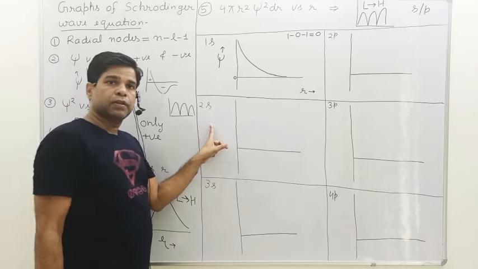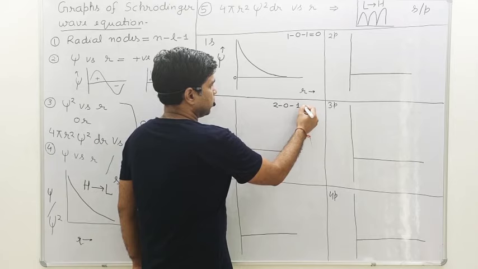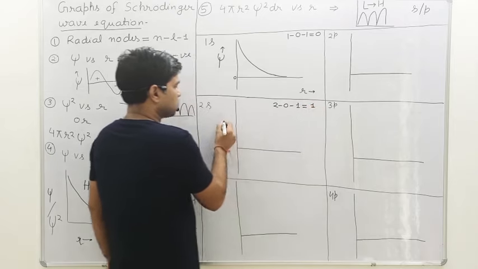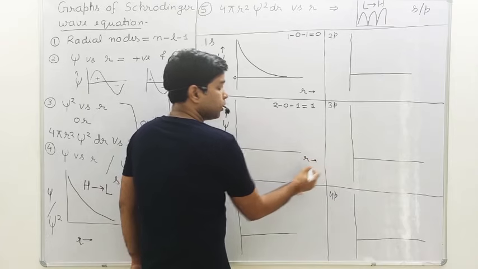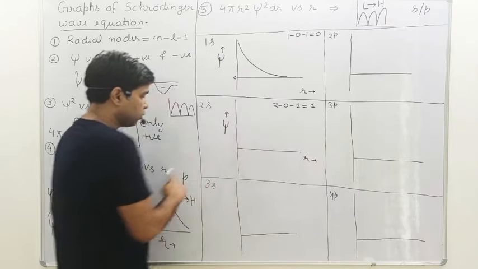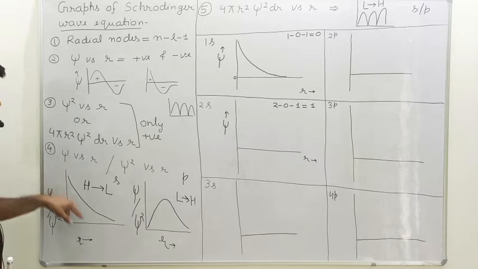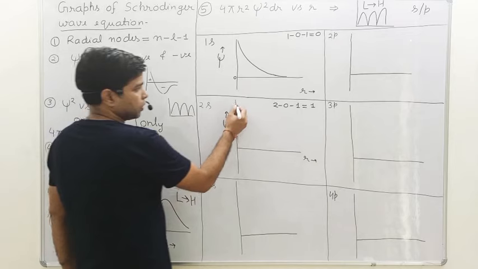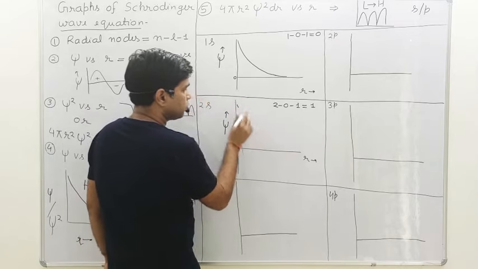When I have the 2s, calculate the radial node. 2 minus 0 minus 1, radial node is 1. So one time we have to make this graph equal to 0. It should start from the higher. I told you, graph of psi versus r or psi square versus r of the s orbital should start from higher to lower. One radial node means one time you have to make it 0.